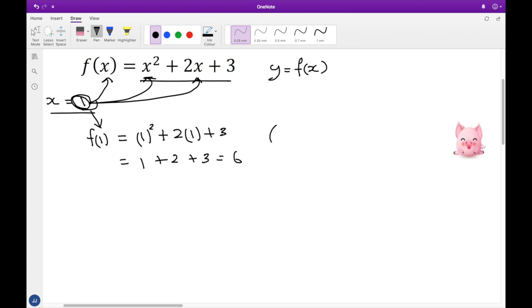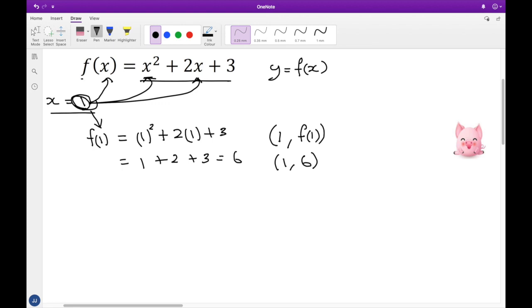The x value is 1, and the y value is the f of 1, or the function when x is 1. And therefore, the x value is 1, and the y value here is 6, right? Yeah. So we could see what's going on here.